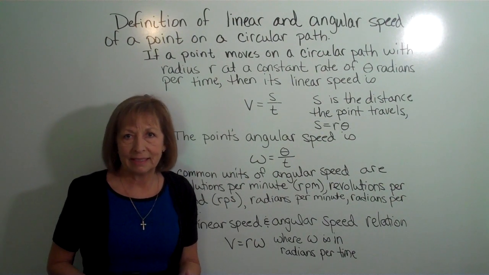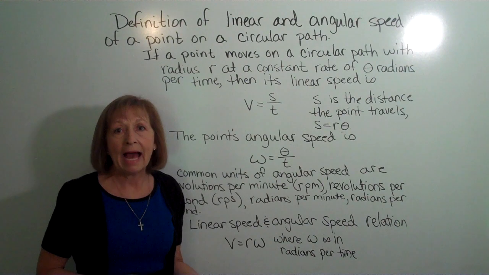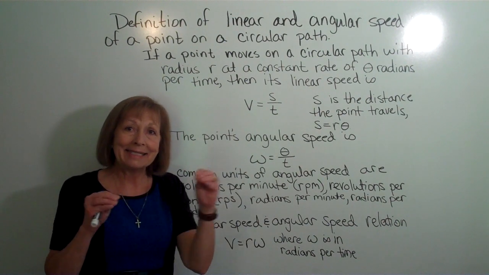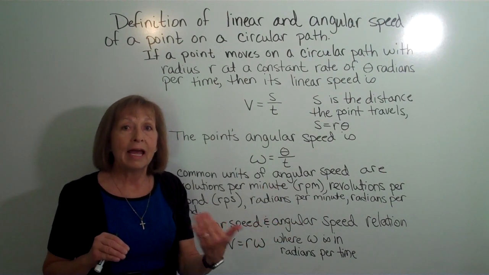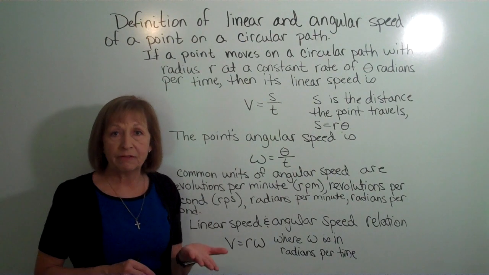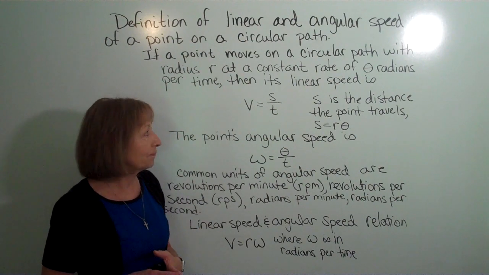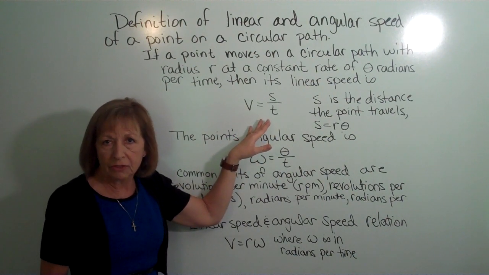Now think about distance even when you're driving your car. When we say we're driving our car at 55 miles per hour, it's the distance we travel. Per is for the fraction bar, every 1 hour. So we go 55 miles per every 1 hour when we're saying that. And so that is like our linear speed.